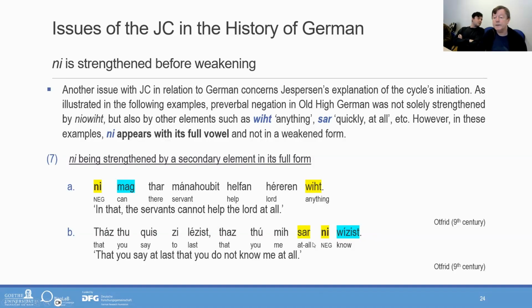And the interesting thing is that the original negator appears here in a non-weakened form. It has its full vowel and could nevertheless be strengthened by another element. So the phonological weakening cannot be the trigger to start the Jespersen cycle.